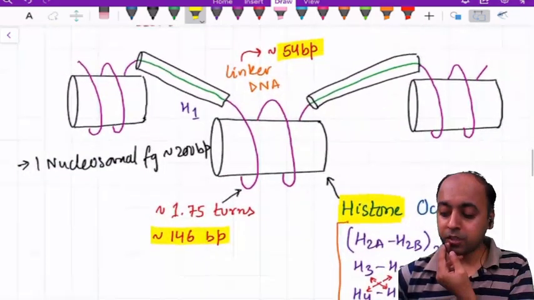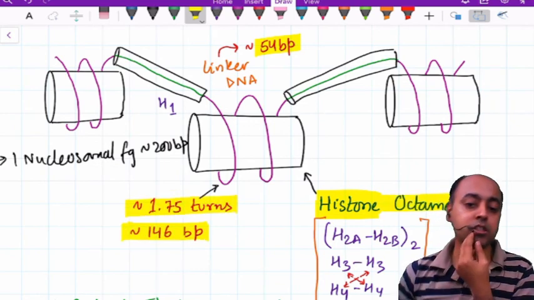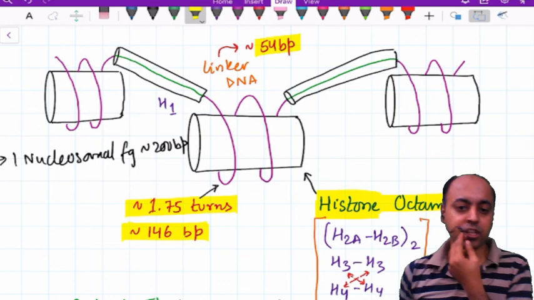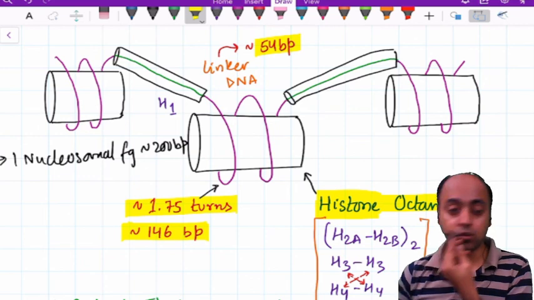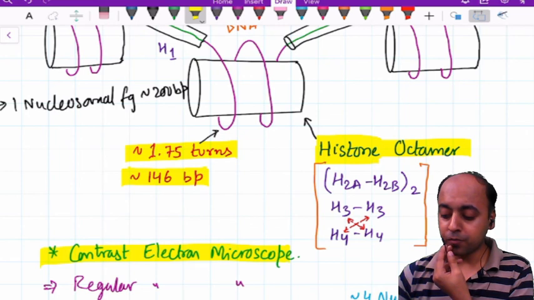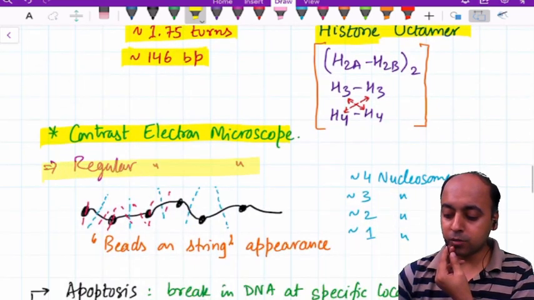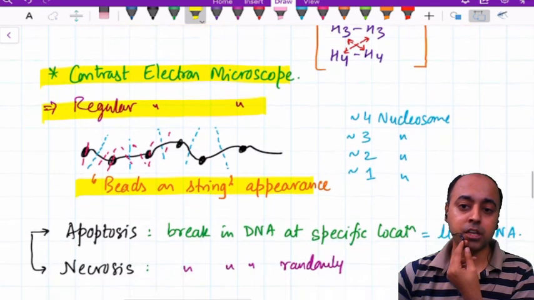We have seen the nucleosomal structure has the cylindrical part, which is the histone octamer, and the thread part, which is 1.75 loops of DNA. Various nucleosomes are linked together by the linker DNA, having 24 base pairs surrounded by the H1 histone. The detailed structure is visualized under the contrast electron microscope. If we use the regular electron microscope, what we get is the beads on string appearance.